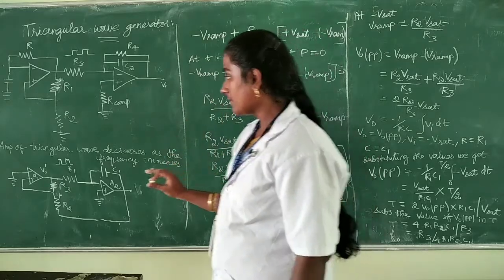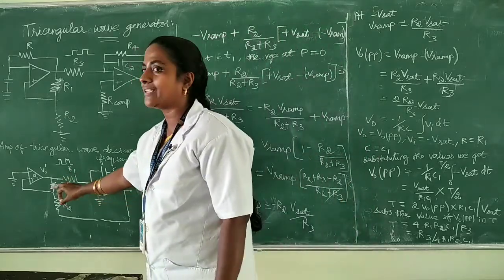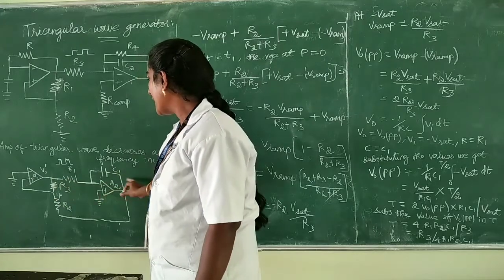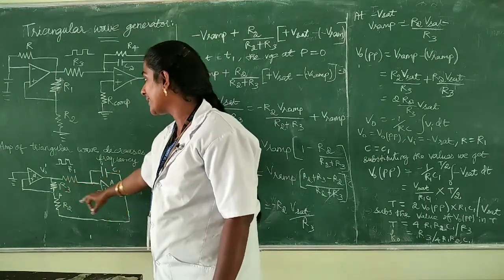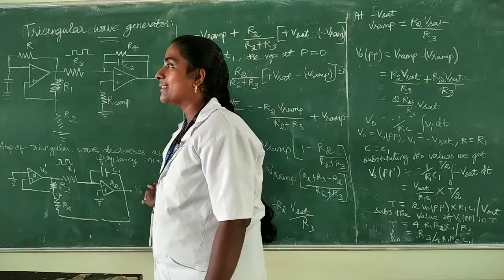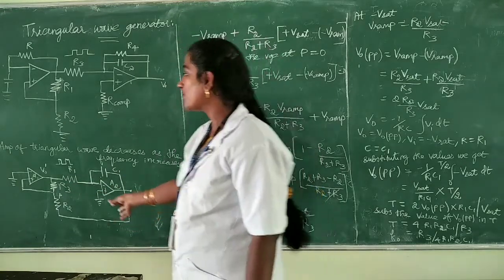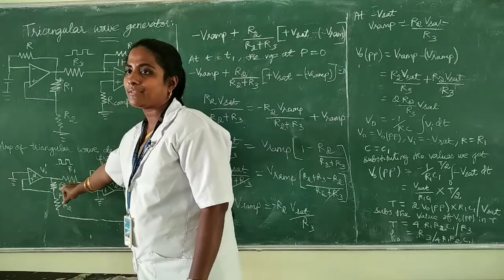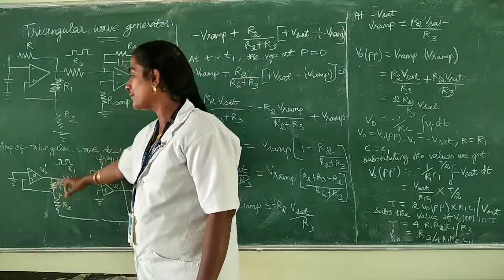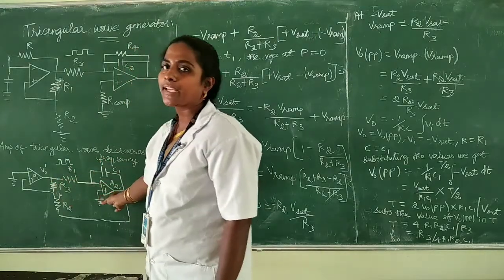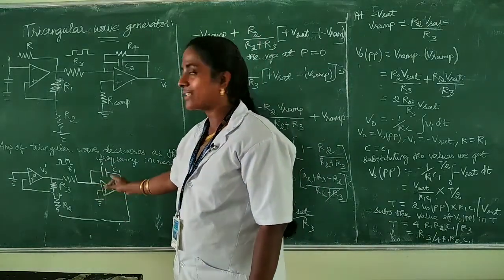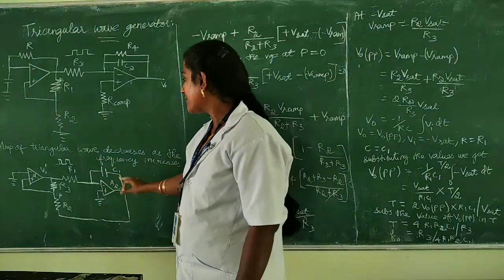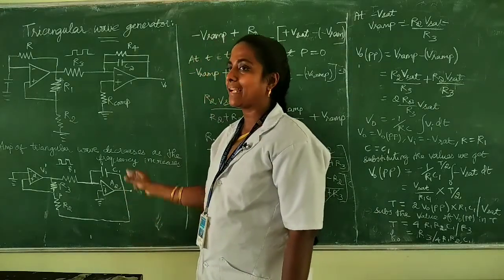Here A1 is an operational amplifier and A2 is another operational amplifier, that is, A1 is the comparator and A2 is another comparator. A1 produces the square wave. This square wave is then fed to A2, and A2 produces the triangular wave.